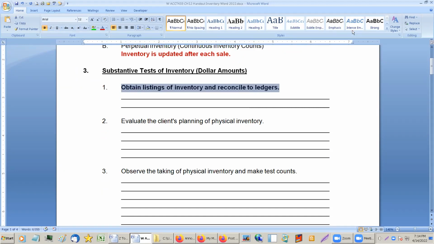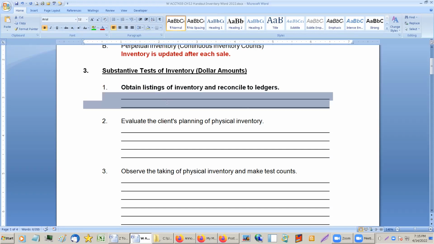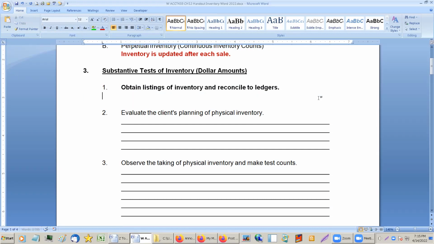This is usually a few minutes, and a lot of times this will actually be connected. So the listing of the inventory.